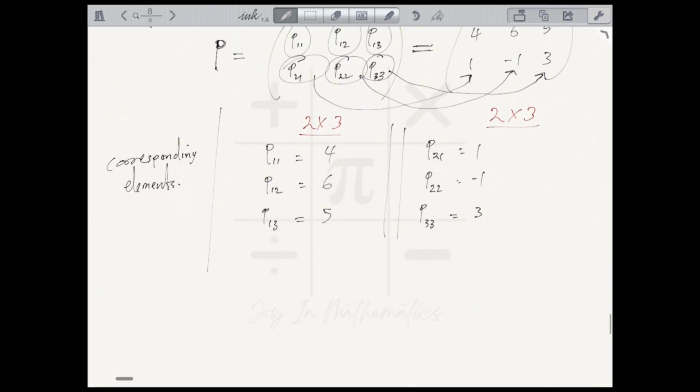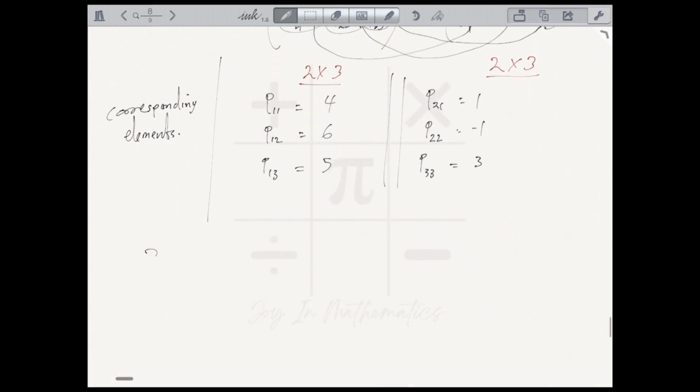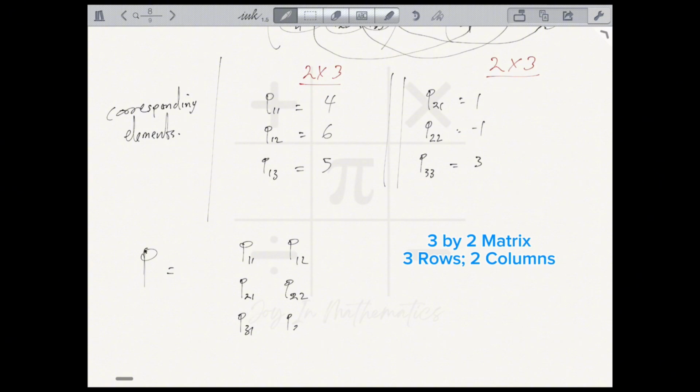Let's consider another thing. We have been using 2 by 3. Let's change it to a 3 by 2 matrix. So that means we are saying that P, a 3 by 2 matrix, means 3 rows and 2 columns: P11, P12, P21, P22, P31, and P32.